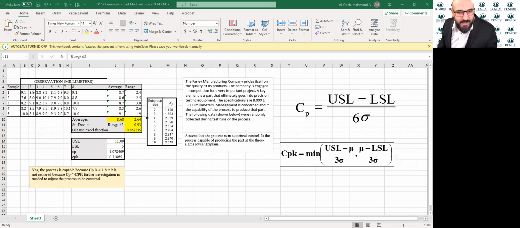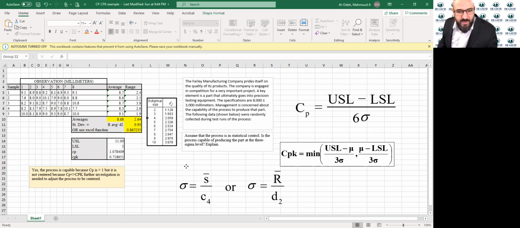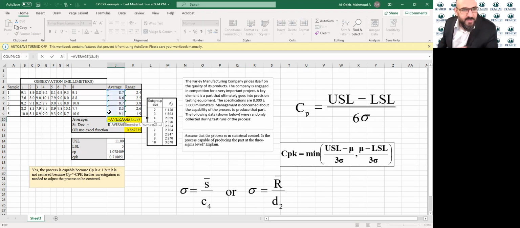I'm going to copy it here in just a second. All right, here you go. So we're going to use the ranges and the average of the ranges to calculate the standard deviation. We found the average of the averages.